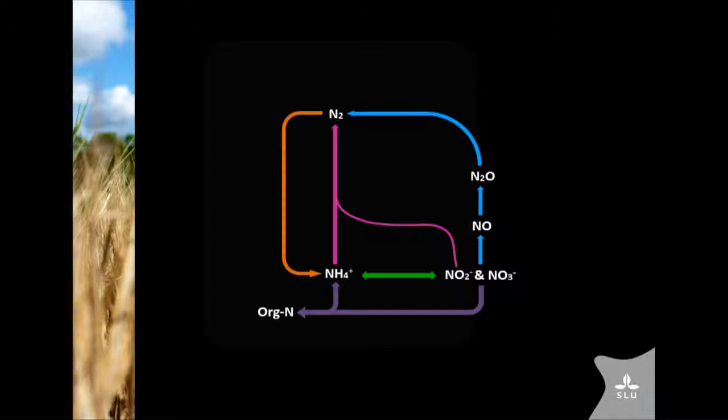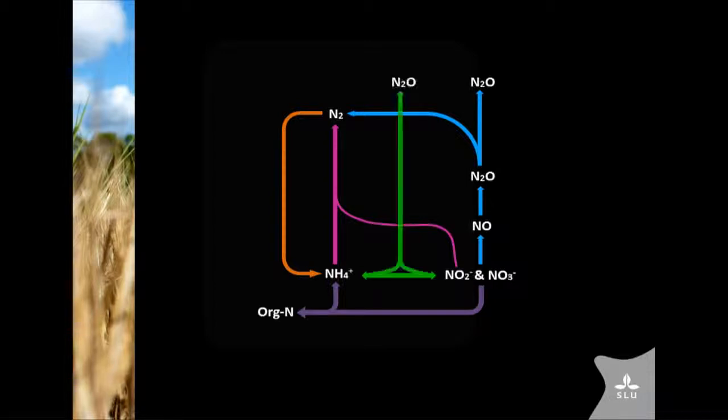So just to recap the nitrogen cycle, here is a very schematic picture of the nitrogen cycle, and the process here in blue is denitrification that you heard about before. We have emissions of nitrous oxide since nitrous oxide is an intermediate in the denitrification pathway.